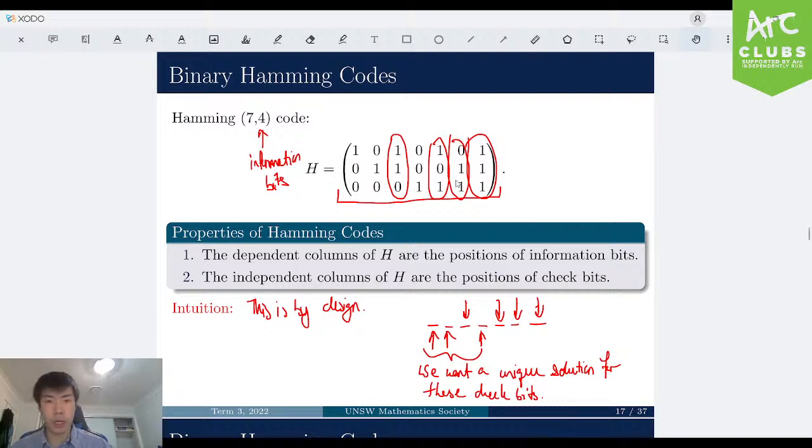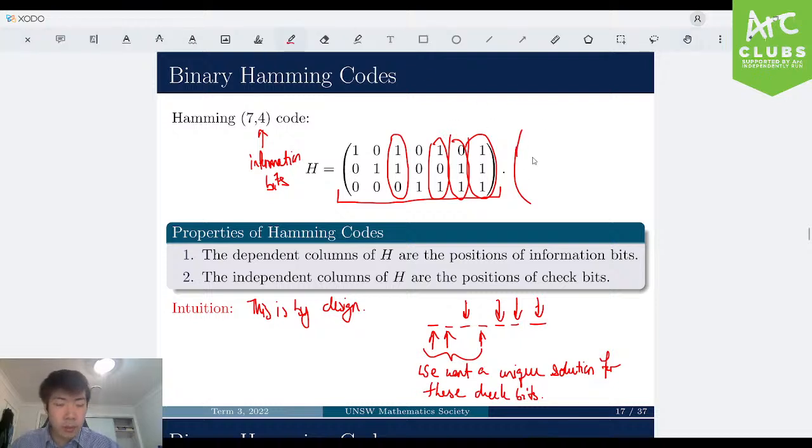Because whenever we solve this, for example, multiplying by, maybe I'll do it like this. I'll call this check bit 1, check bit 2, information bit 1, check bit 3, information bit 2, information bit 3, information bit 4.